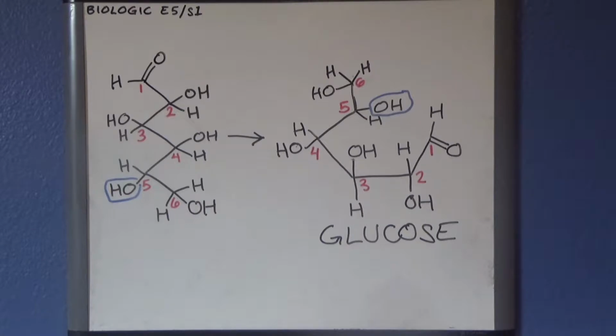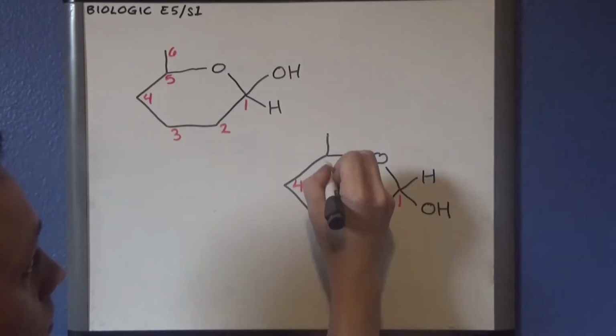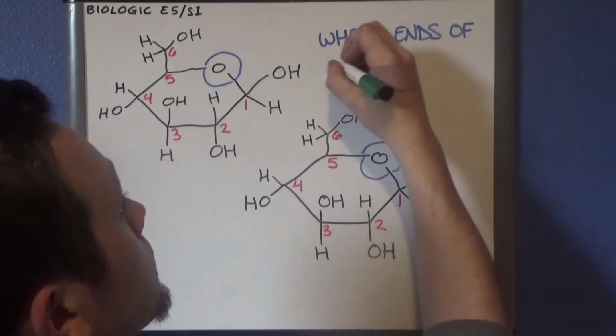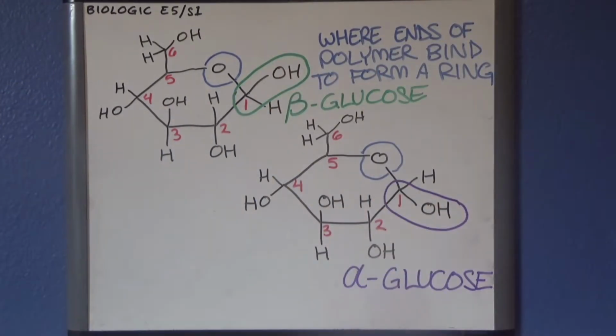Many sugars have numerous hydroxyl groups that they could hypothetically bind to, but the spontaneous reaction will be the one that requires the least amount of energy. The reaction that requires the least energy will be the one that breaks as few covalent bonds and moves around as few atoms as possible.